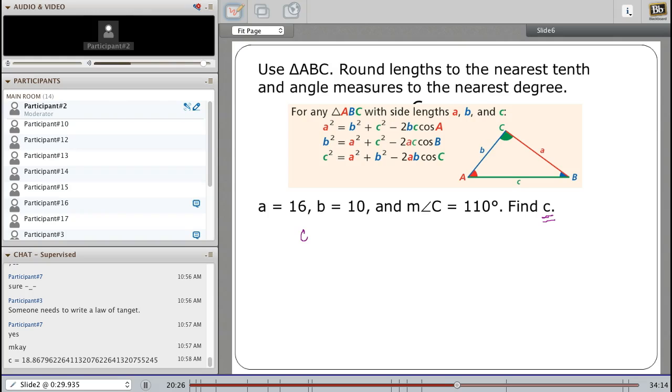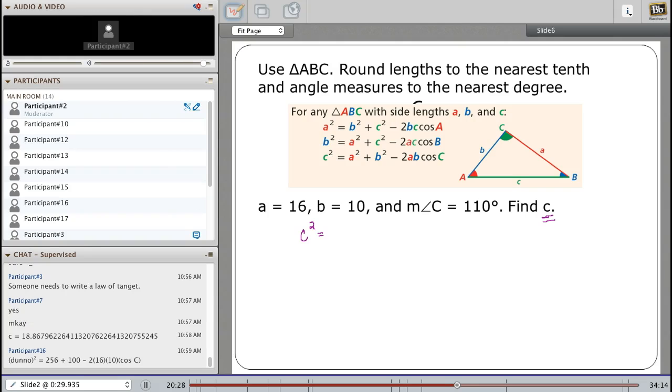So I'm going to have c squared equals a squared, so 16 squared, plus b squared, minus 2 times a times b times the cosine of c, and I know angle C is 110. Yes, good, Ben. So that's right.